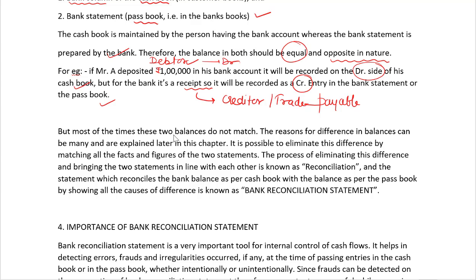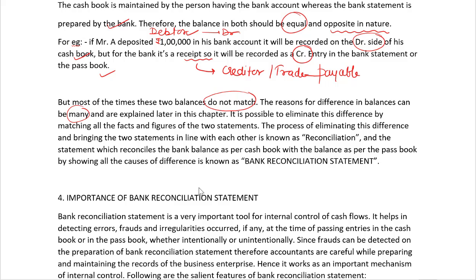But most of the time these two balances do not match because of several mistakes and reasons. The reasons for differences in the balance can be many and are explained later in this chapter. We'll continue and see what the reasons are. It is possible to eliminate the differences by matching all the facts and figures of the two statements.